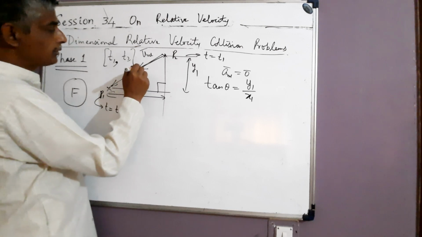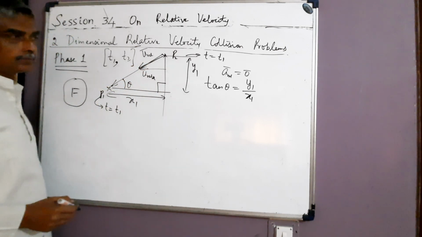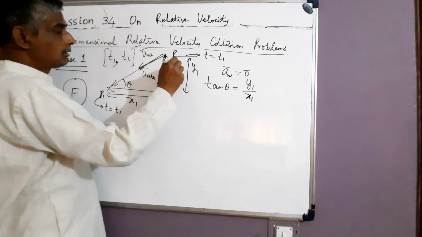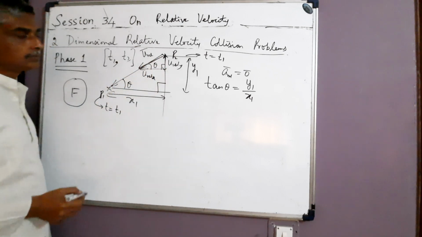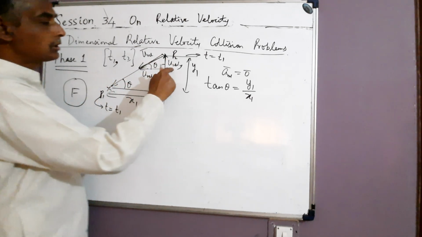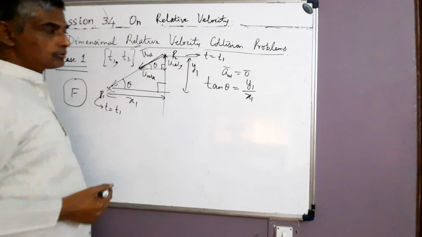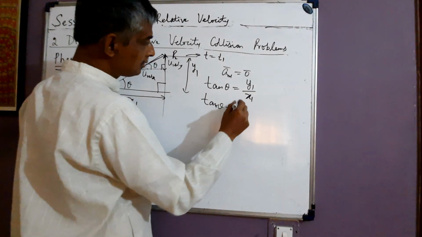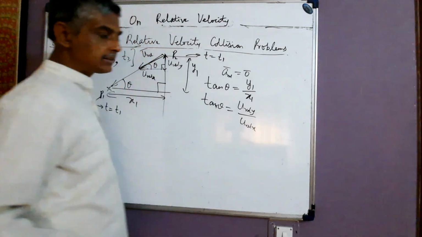U relative will have 2 components, a component along x axis, horizontal component u relative x. It will also have a vertical component u relative y. This is theta, this is also equal to theta, this is right angle. So tan theta is equal to u relative y by u relative x. U relative y is the y component of u relative. U relative x is the x component of u relative. So tan theta from geometry is also equal to u relative y by u relative x.